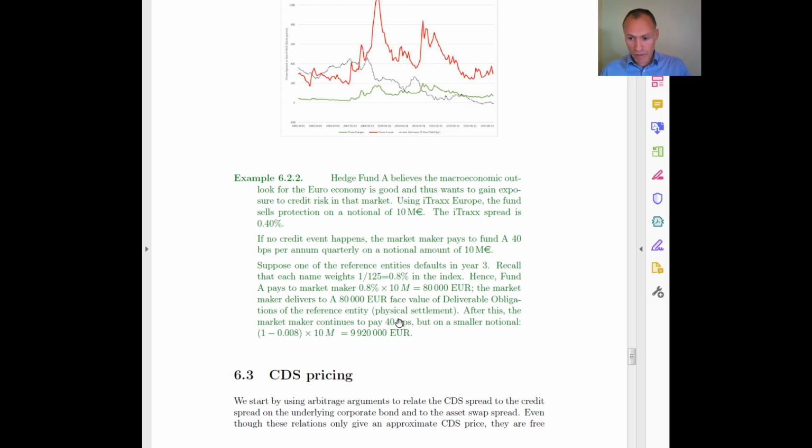So we would pay 40 basis points over 9,920,000 euros instead of 10 million. And we keep going through time like this, receiving these fees, and if there are more defaults after this, we would pay again the corresponding amount.